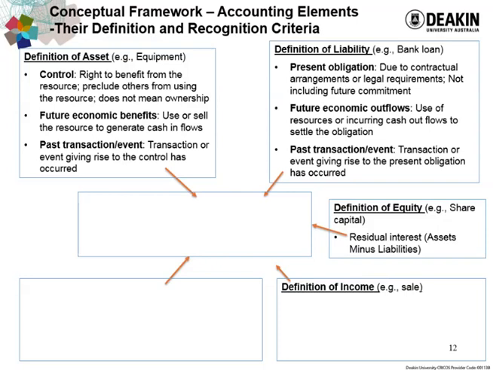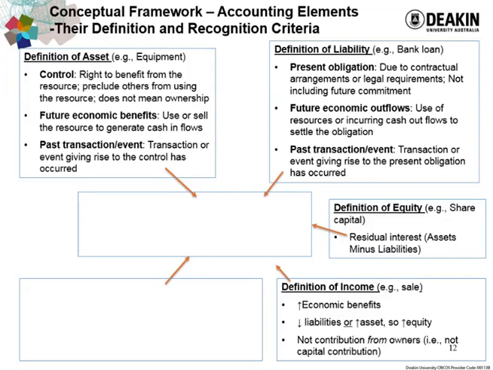So what is income? Examples of income include sales revenue, interest revenue, and so on. For income, we need to show that there is an increase in economic benefits during the period. And how do we prove that? We show that there is a decrease in liability or increase in asset, leading to a net increase in equity.